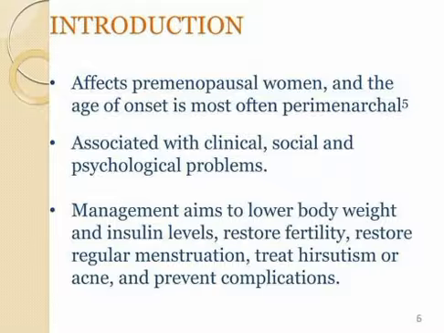It's mainly associated with clinical, social, and psychological problems. Usually, people need to lower body weight and insulin levels, restore fertility, restore regular menstruation, treat hirsutism or acne, and prevent complications. Once people manage body weight, insulin levels, fertility, menstruation, hirsutism, and acne, they can easily manage polycystic ovarian syndrome.